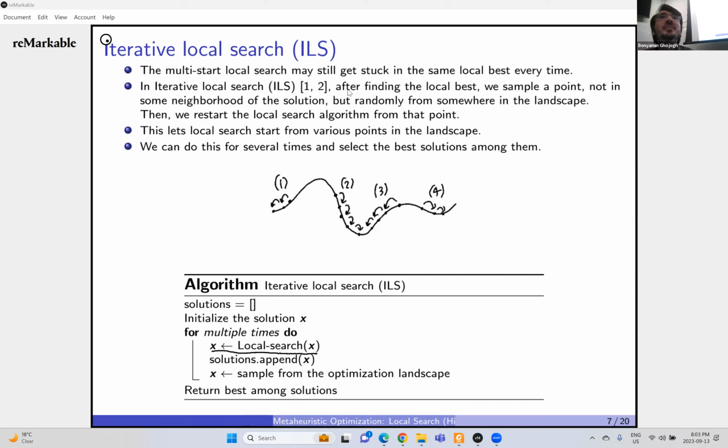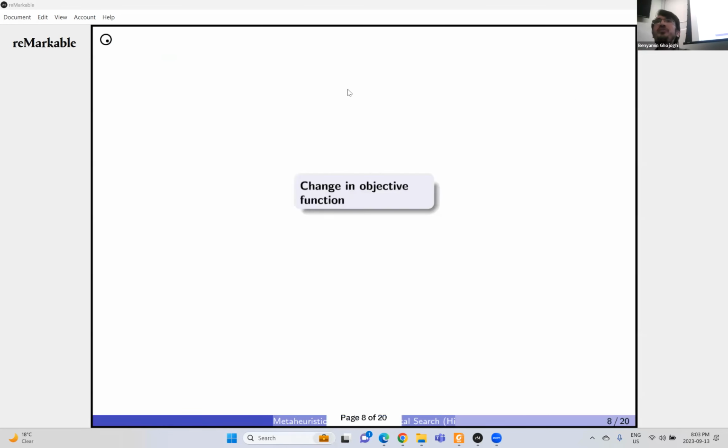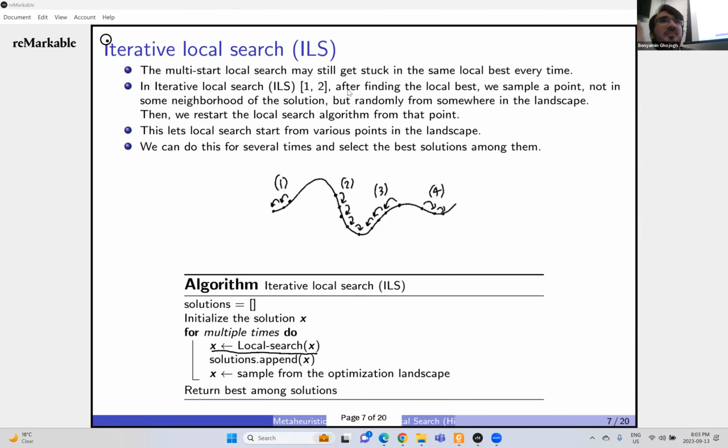Any other question? No. By the way, for each of these, you can simply calculate the time complexity. It's not that hard. For example, assume T is the number of iterations per local search.